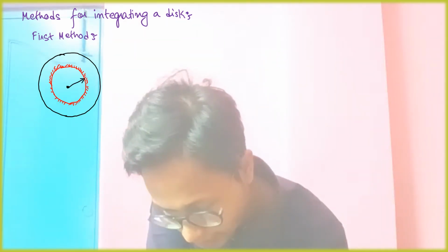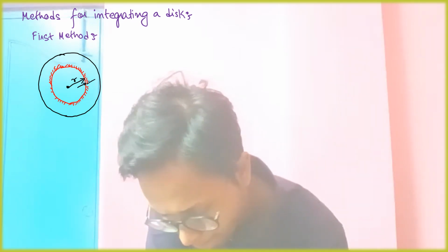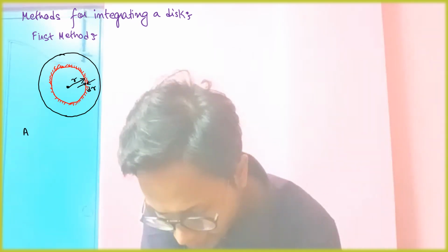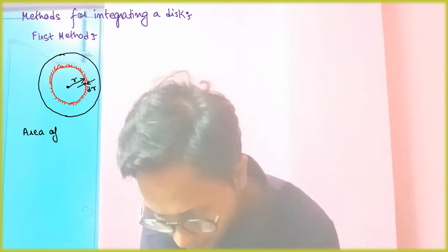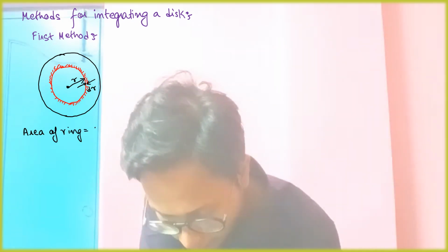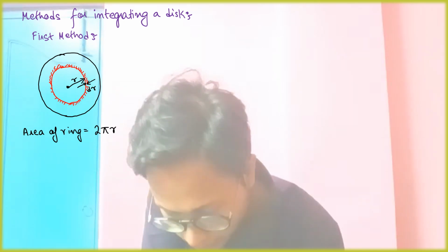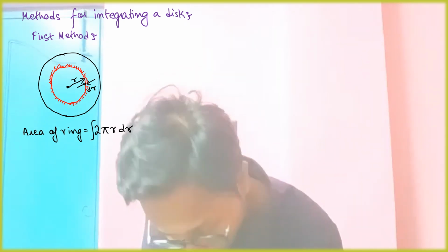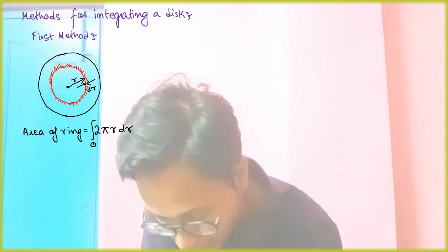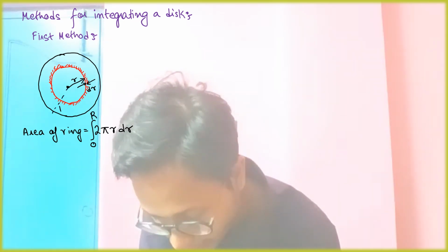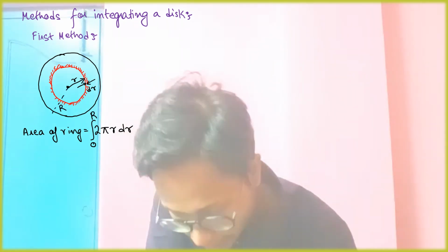The first method is we take an elemental ring of radius r and thickness dr, and the area of the ring is nothing but the perimeter of the ring, 2 pi r, into the thickness of the ring, dr. Now when we integrate that area of the ring from 0 to capital R, the radius of the disk, we get the area of the disk, which is pi r square. Fair and fine. What is the second method?